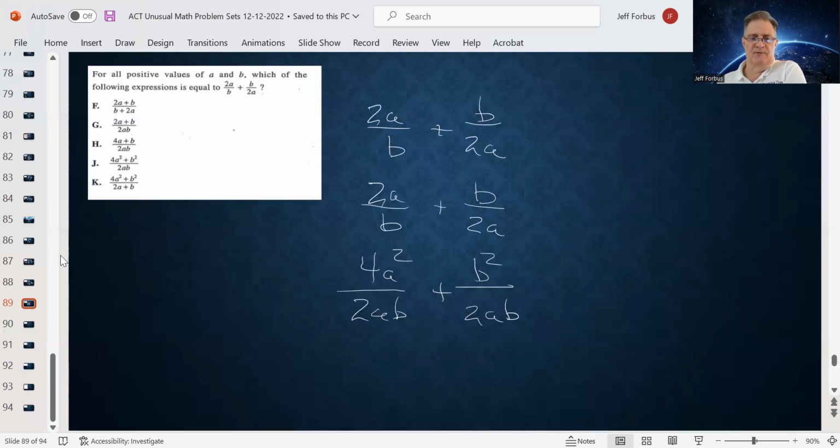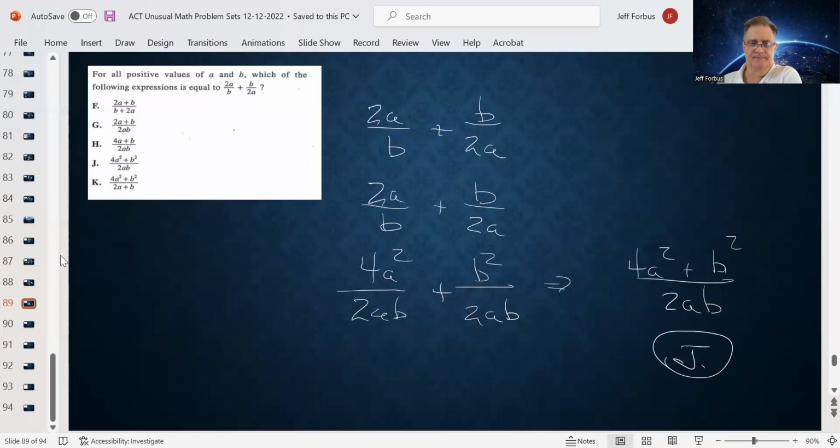Okay, now notice our denominator is the same, so we can rewrite this in a simpler form and say 4a squared plus b squared over 2ab. Now, which one of the answer choices fit this? And it should be answer choice J, 4a squared plus b squared over 2ab. That gives us answer choice J.